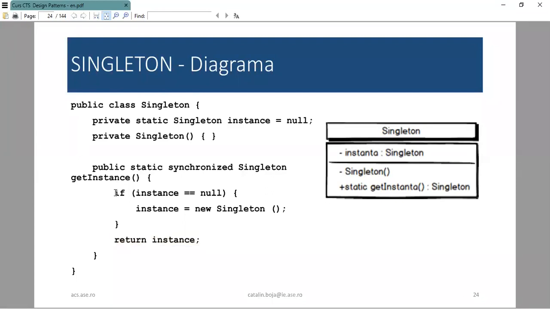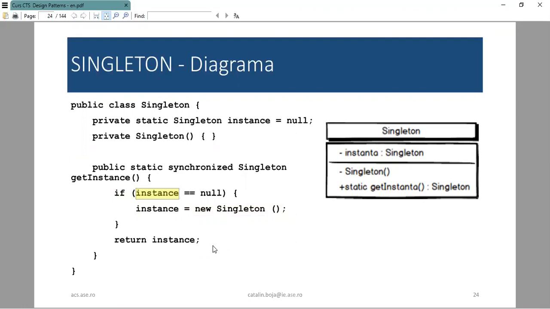And here you do this. And this will assure you that if I want a singleton object, the only way to get it is to call getInstance. And here you will make sure that this constructor is called only once, when I'm calling this method for the first time. So this is the singleton, okay?